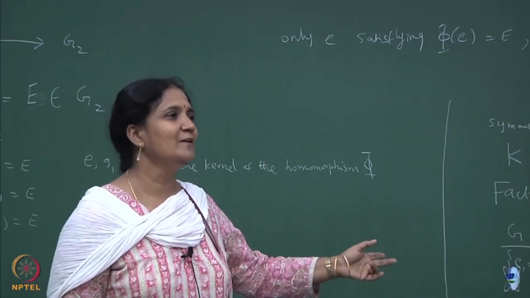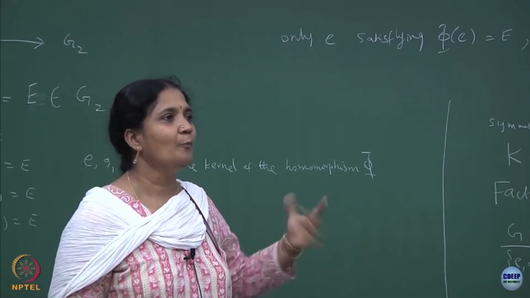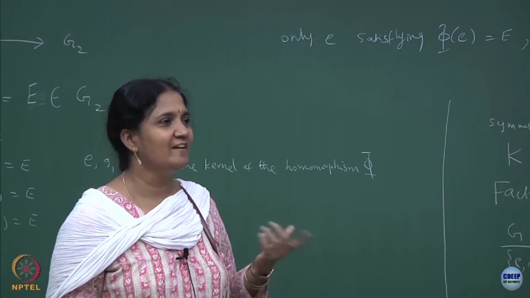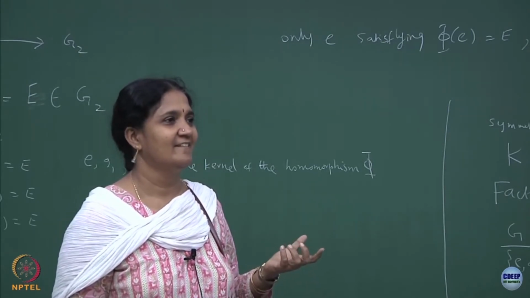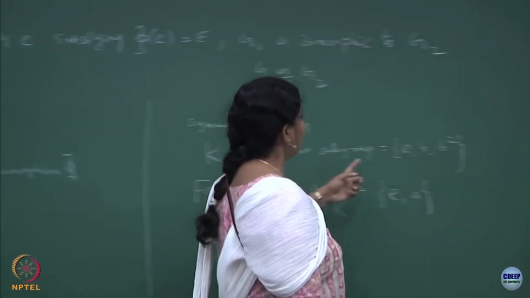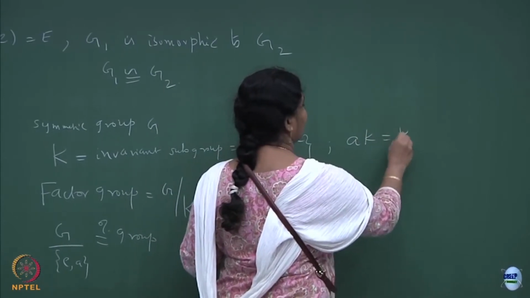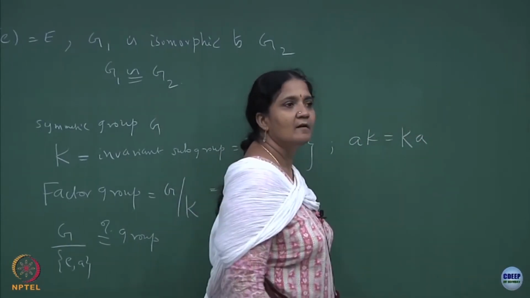This group has only one non-trivial element. There is no point in talking about left coset and right coset. Right? Invariant subgroup has this property that left coset is same as right coset. Right?